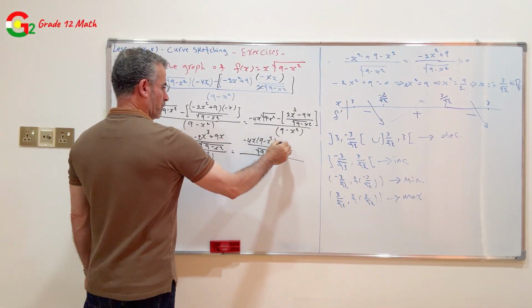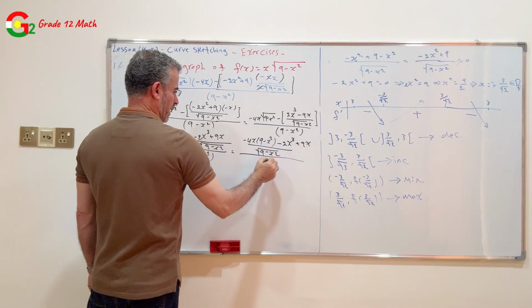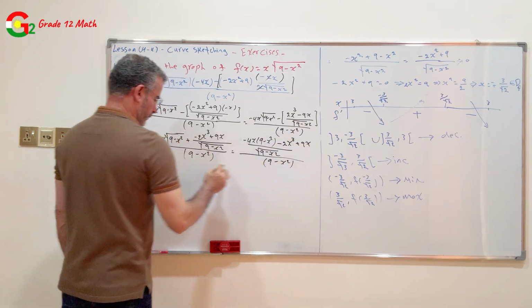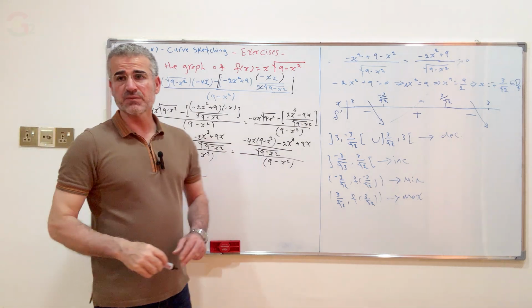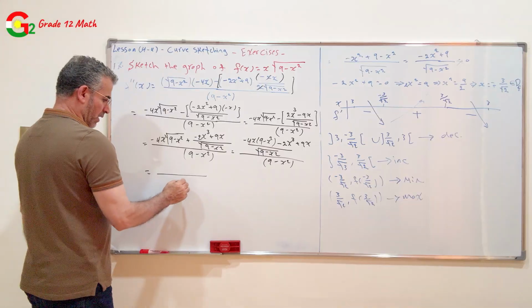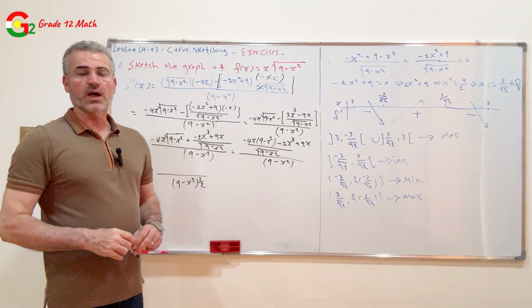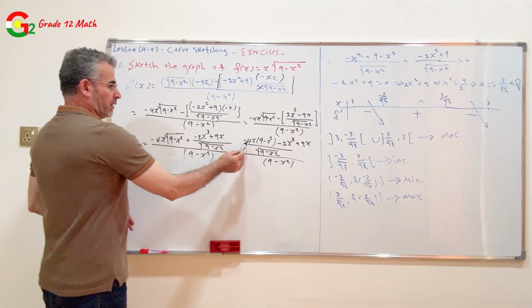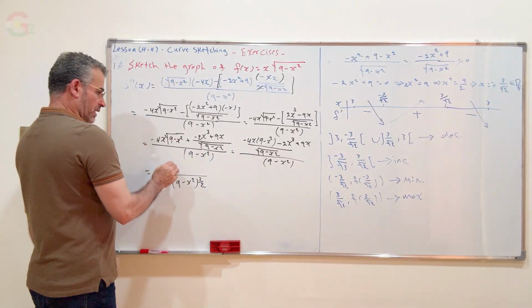Minus 2x³ plus 9x over 9 minus x squared equals the square root of 9 minus x squared times 9 minus x squared. It is 9 minus x squared to the power 3 over 2, since 1 plus a half. Negative 4x times 9 is negative 36x.